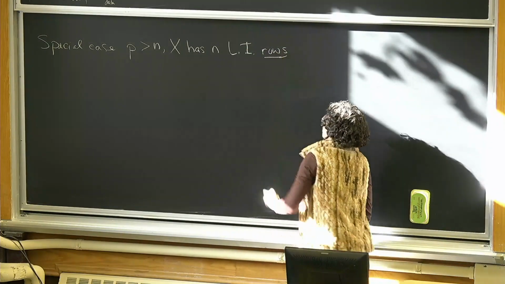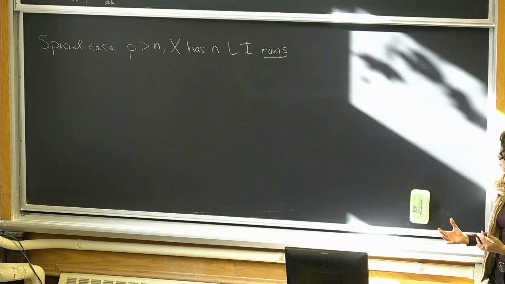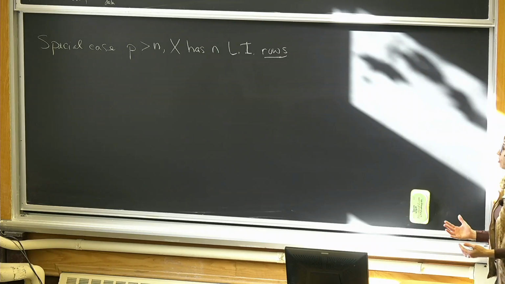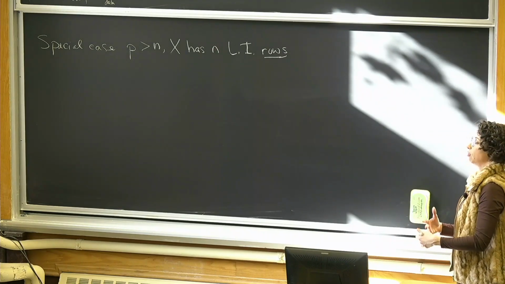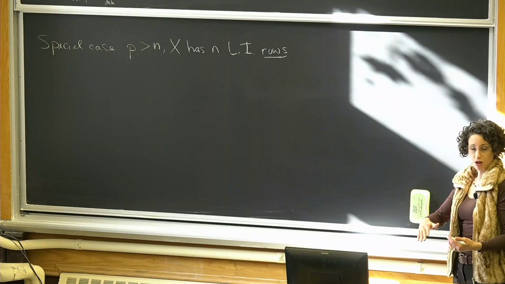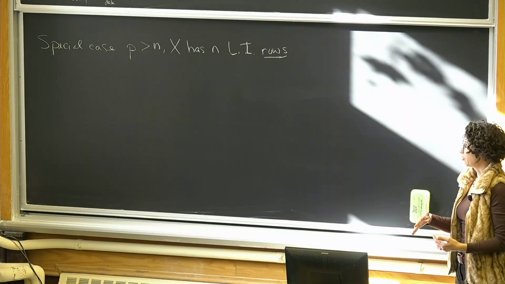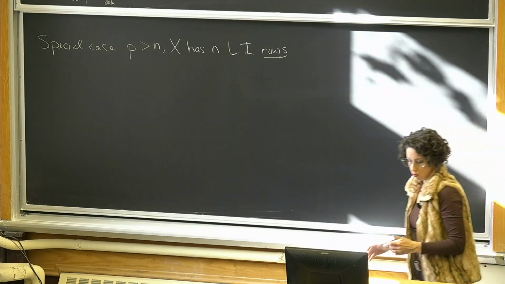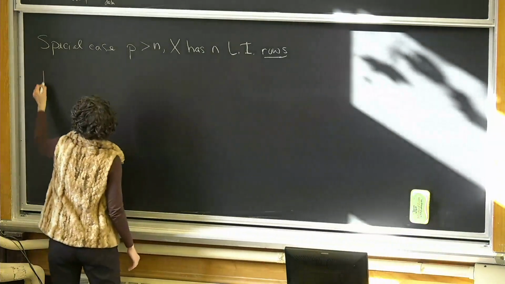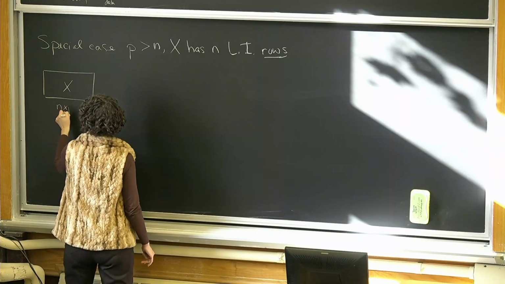So before we were talking about settings where the number of samples was greater than the number of features, and X had P linearly independent columns. And in that case, we could do least squares. So now we're going to consider the setting where we actually have lots of features and all of the different feature vectors for the different training samples are linearly independent. So pictorially, our matrix X here is now short and fat. It is N by P.